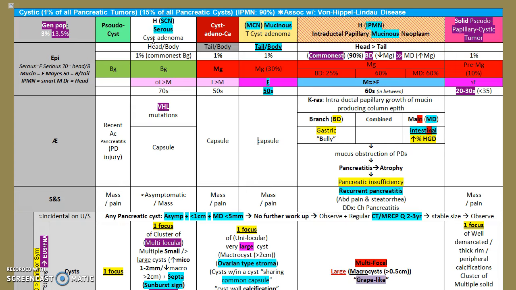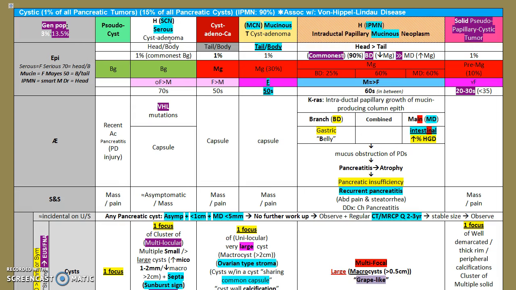The other thing I want you to know is that the serous type is the commonest benign type among the cysts, while the branch duct IPMN type is the commonest ever. Okay, so the first clue you're gonna look for is the location of the cyst.